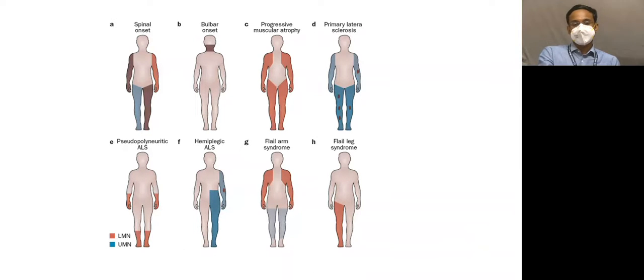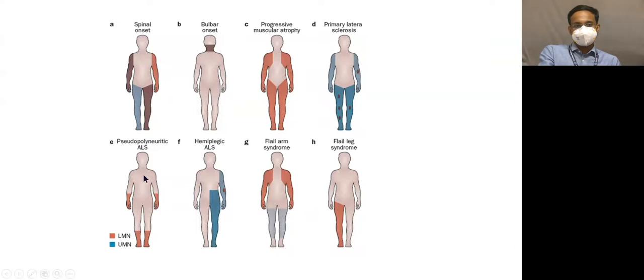So the dominant feature would be spasticity, and not wasting and not fasciculation. That will be the dominant clinical finding. There are small islands of lower motor neuron involvement that one may get clinically, or on electrophysiology, but the dominant clinical picture will be of dominant upper motor neuron dysfunction.